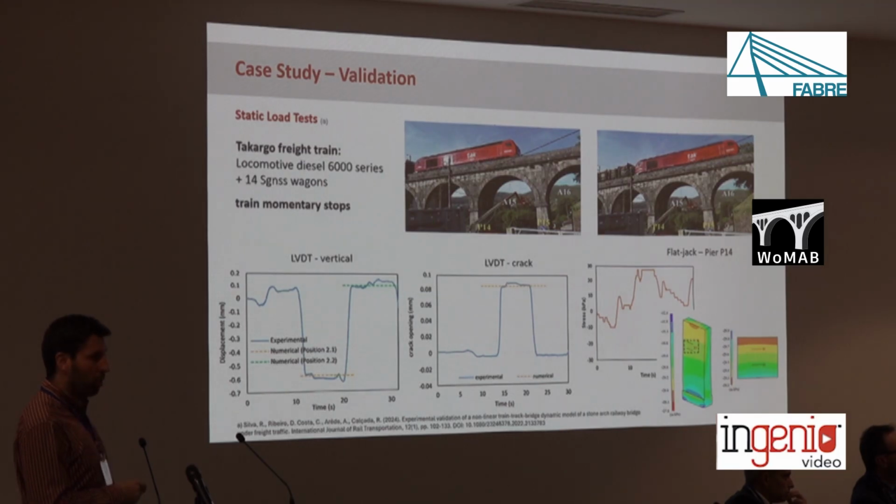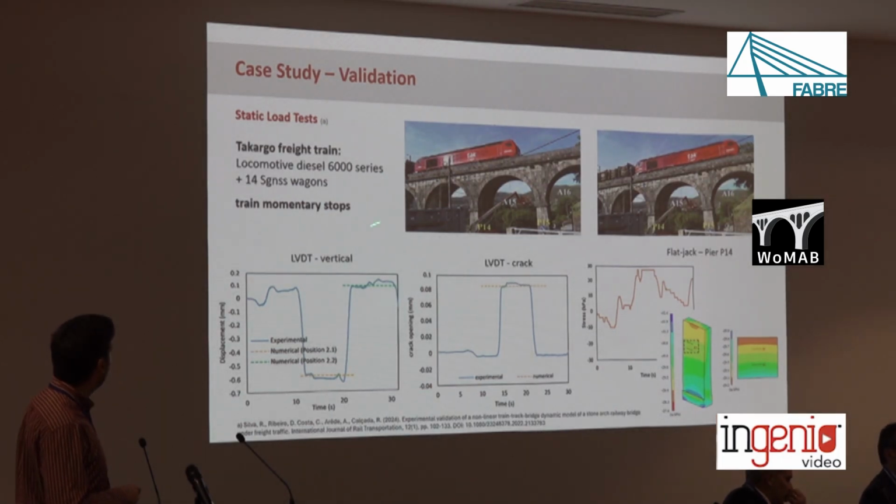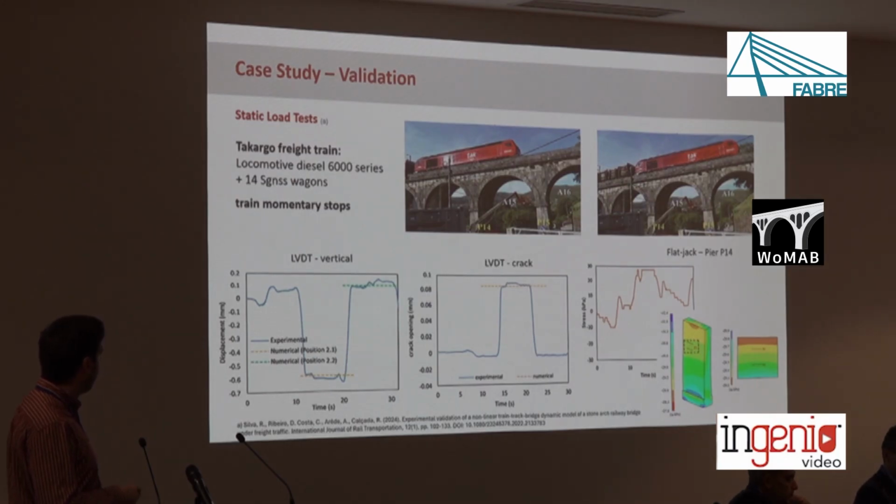So first we conduct static analysis in order to confirm the static values obtained from the static load with a very characteristic freight train, this Tacargo freight train, composed of a locomotive and 14 SGNS wagons. So, in terms of the vertical displacements, a good correlation is obtained between static analysis and the static values.